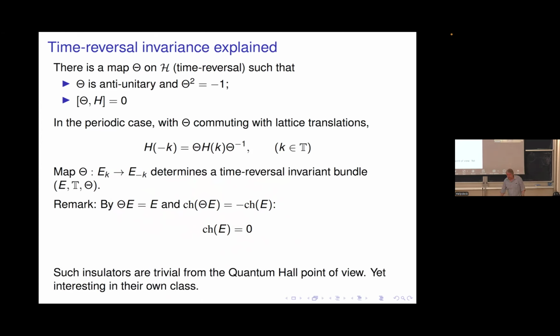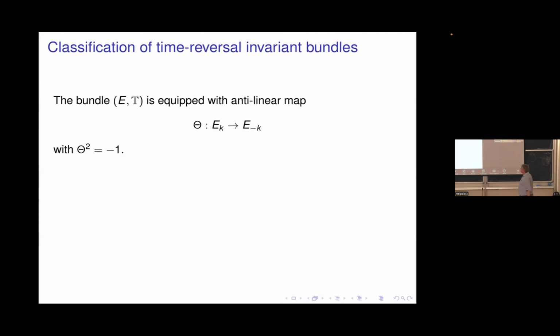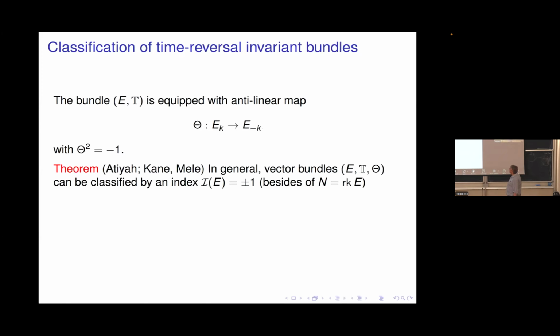As I alluded to before, from the quantum Hall perspective you can deform them all into one another, but if you insist that even along the deformation time reversal invariance be kept, then maybe you cannot deform them into one another, and separate classes appear. And indeed that happens. Here is a theorem that goes back to Atiyah in the mathematical setting.